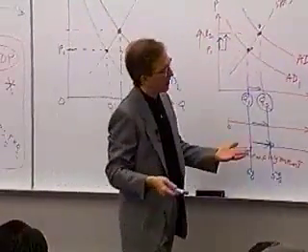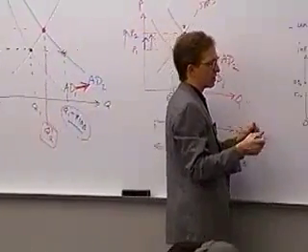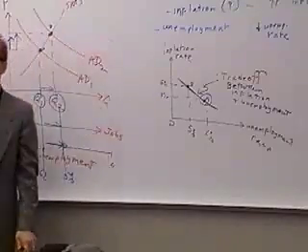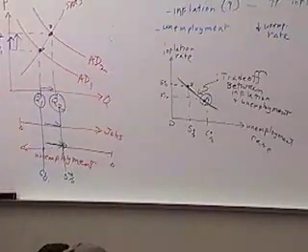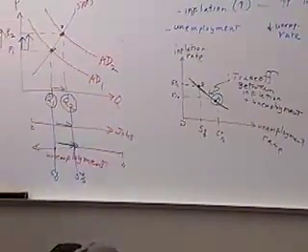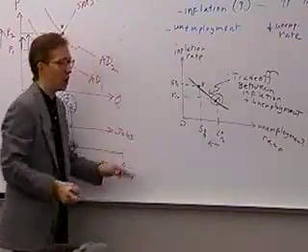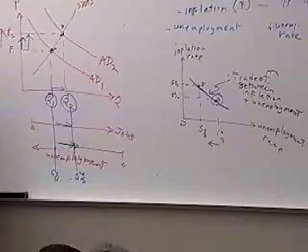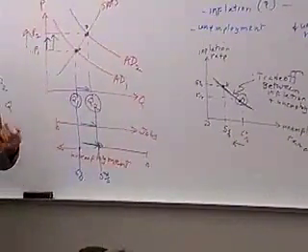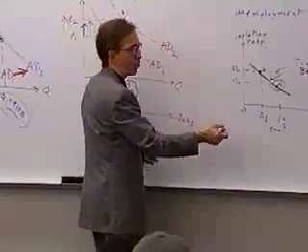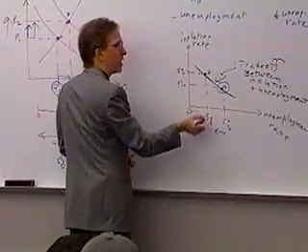What do I mean by a trade-off? Here's the deal. The thinking is this: if we like point A, we've got a pretty low inflation rate, but there's a lot of people out of work. 6% unemployment rate. If we would like to have fewer unemployed workers, we can cause that to happen. All we have to do is increase aggregate demand, increase total spending, and that'll create jobs, and unemployment goes down from 6 to 5%.